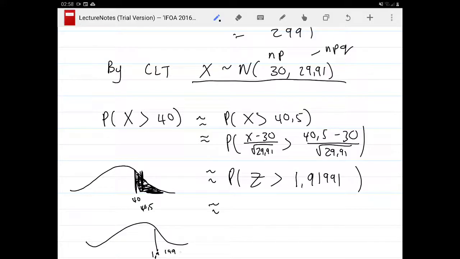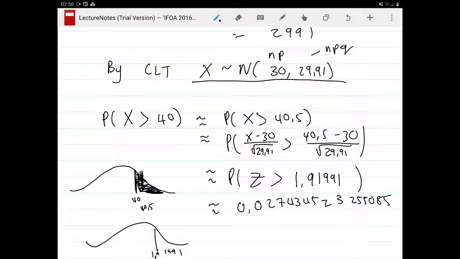Now we have this z-score, 1.91991, and to calculate the probability you just need to look at your tables, or however you calculate your normal distributions. You'll get 0.02743457232325585.